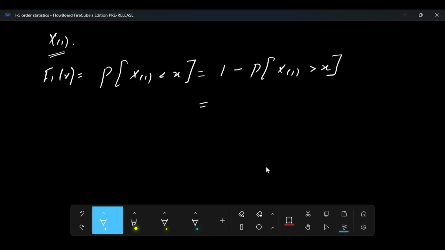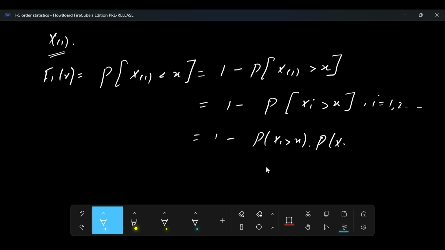So this is equal to 1 minus probability Xi greater than x, where i is equal to 1 up to n. So this is 1 minus probability X1 greater than x, probability X2 greater than x, and so on. So this is equal to 1 minus probability Xi greater than x, all raised to the power n.